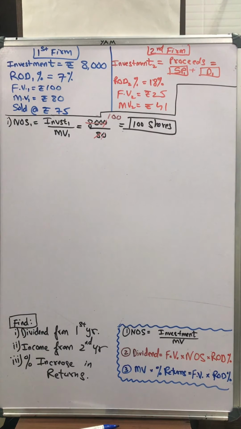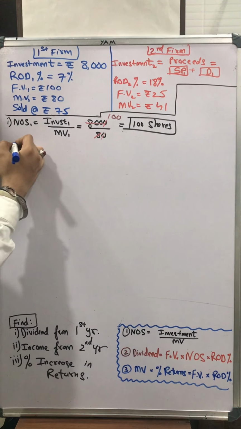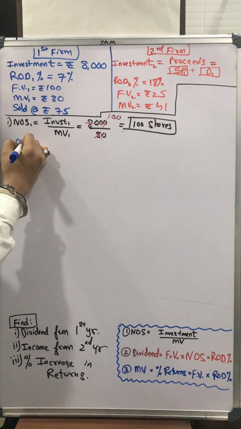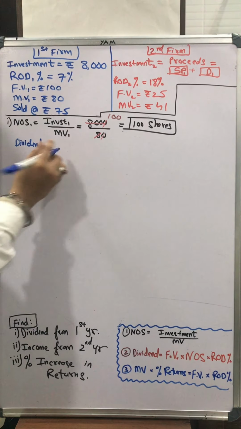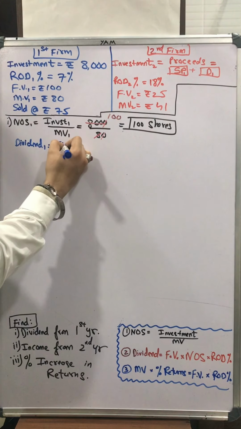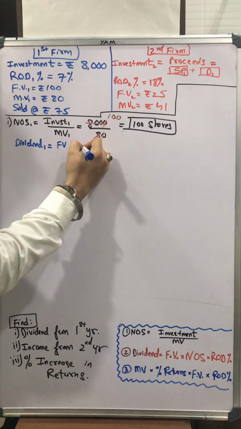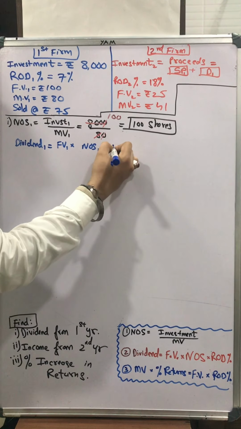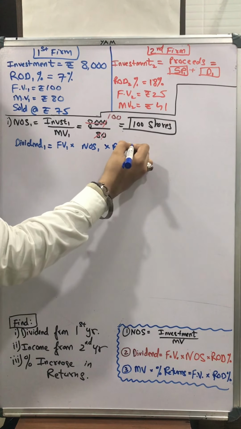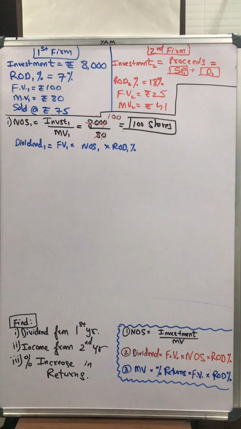So now I am finding out the second part, dividend of the first firm. So I wrote here subscript 1. Formula is face value multiplied by number of shares of the first firm, multiplied by rate of dividend, the percentage of the first firm.